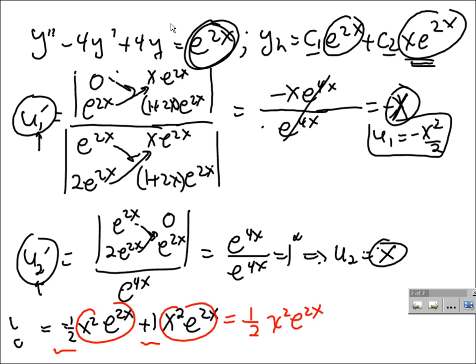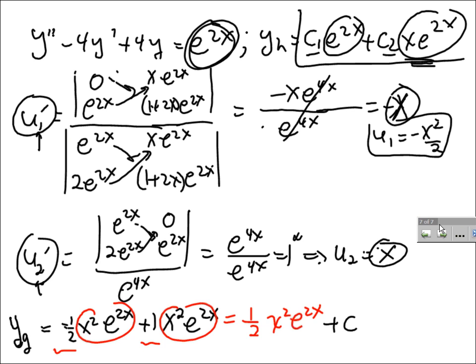If you now want to get y general, just add on the homogeneous: C1 e to the 2x plus C2 x e to the 2x. And notice that these three are not the same.